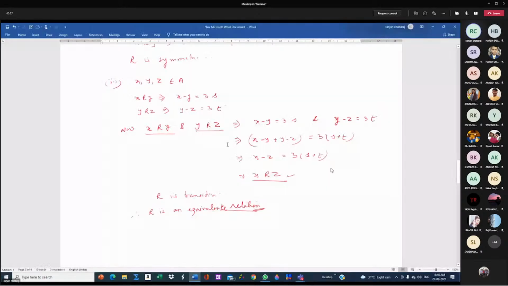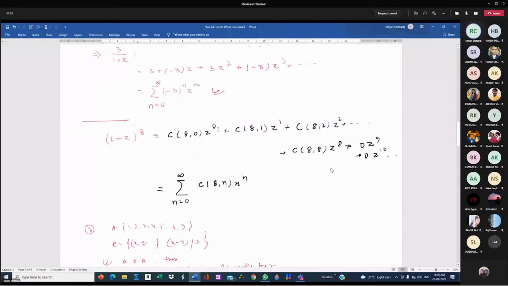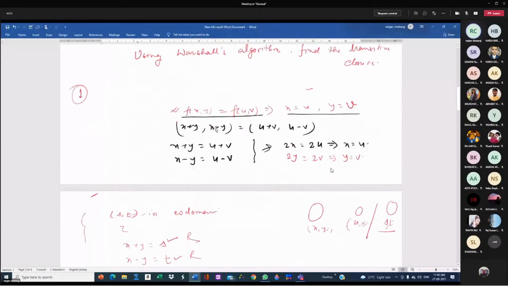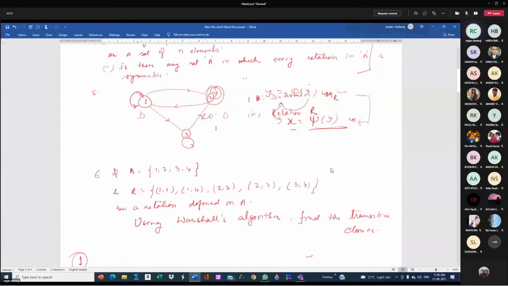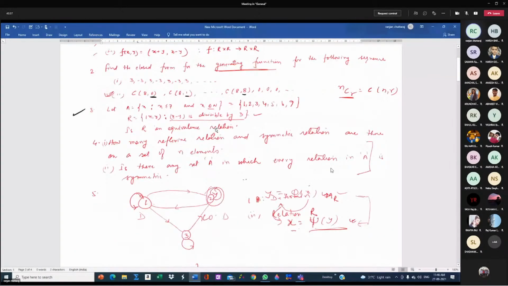You say question number 4, very important. How many reflexive relations? Everybody prepare this. This is a very important question for objective type. How many reflexive relations and symmetric relations are there on a set of n elements?